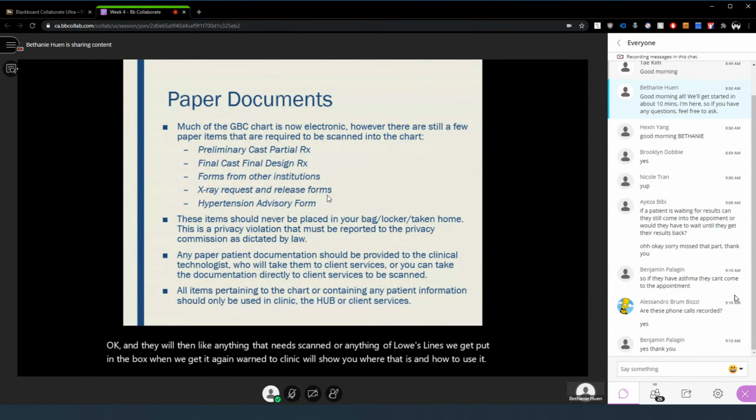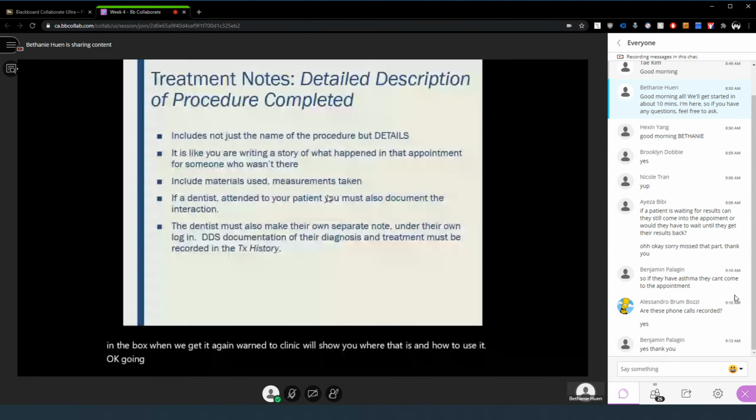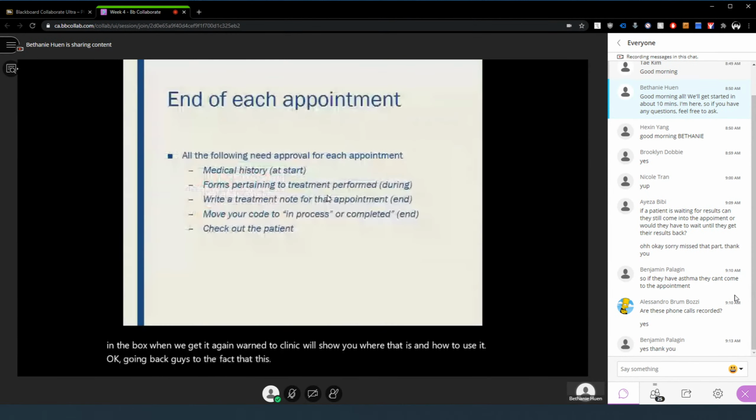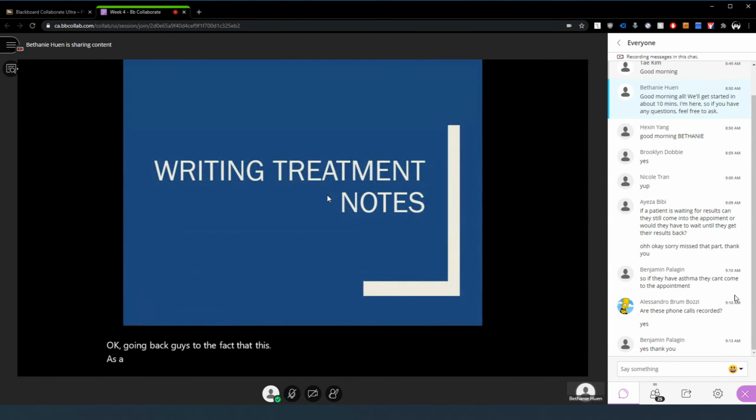Going back, guys, to the fact that this is a legal document, you have now entered into essentially a confidentiality agreement with this patient. This includes you talking about your patients. It has happened in the past, and students have had to be disciplined for it.